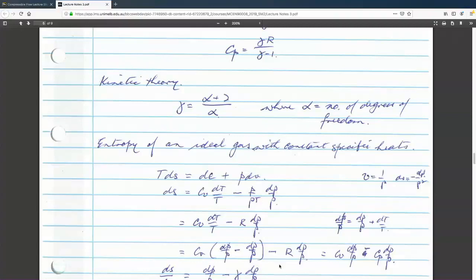All right, so what I've done is change dT over T by dP over P minus d rho over rho. So here it is here. And I've got minus R d rho over rho.